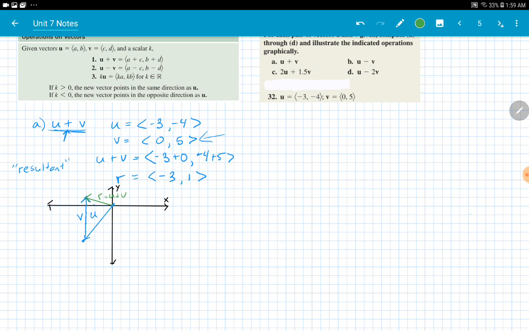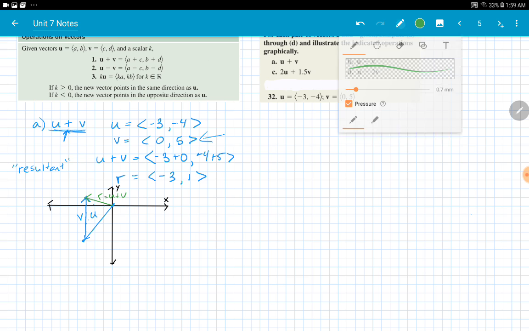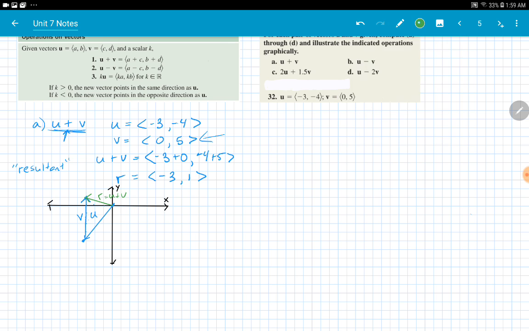Now let's move on to subtraction. So that's B. I'll do that one in purple. Okay, so B, similar, but we're going to do u minus v this time. So our u and v are the same. u is -3, -4, and v is 0, 5.